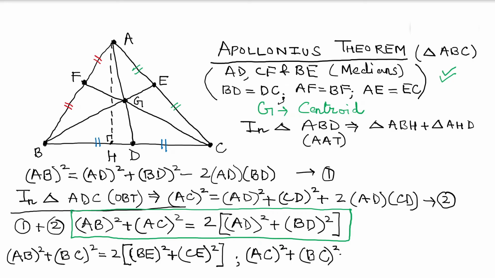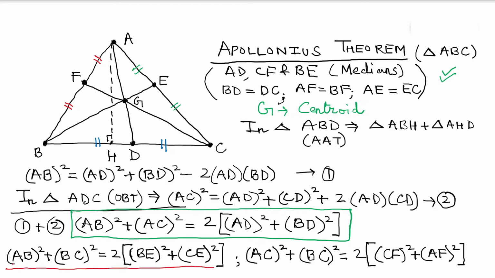From here you can find out the length of the third median, which incidentally here is CF. So now we can use a different color for them just to symbolize that these are the three different median lengths that you can calculate inside a triangle, which incidentally we took as a scalene triangle.